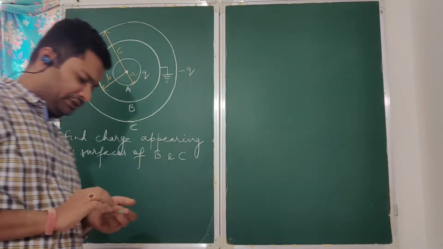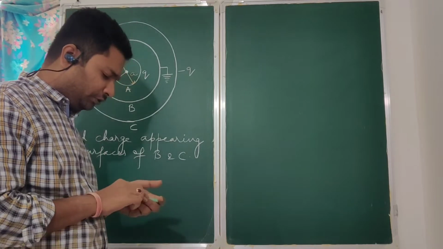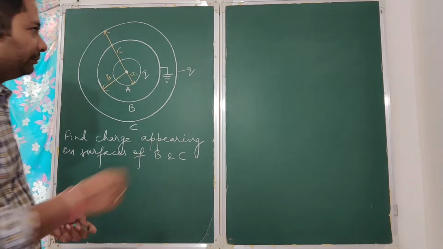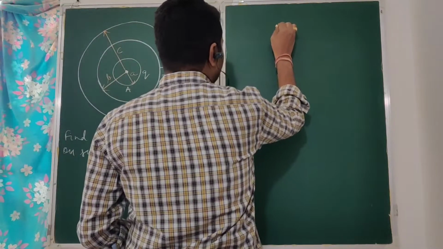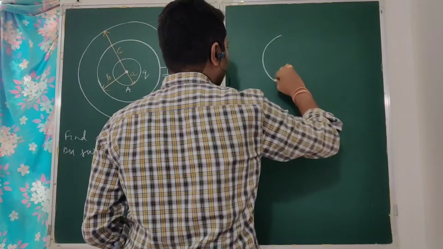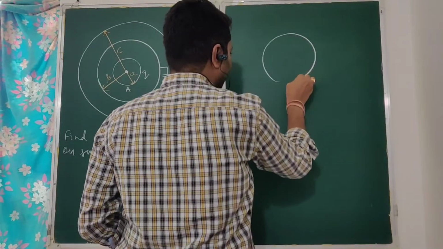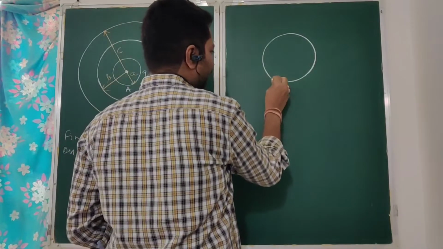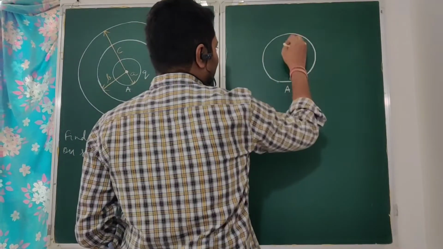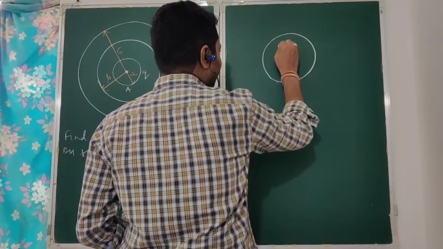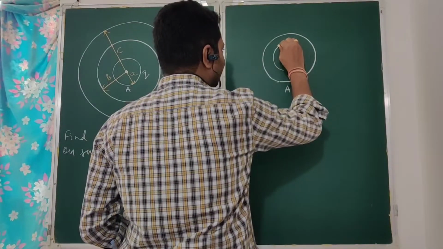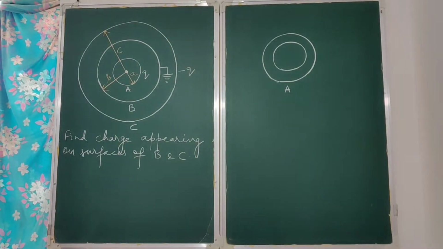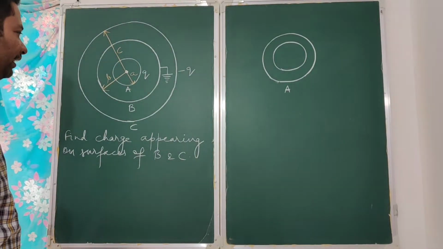The first confusion that is going to come into our mind is this. Let us first talk about sphere A. So this is our sphere A. I am drawing a slightly bigger diagram for sphere A. A is the innermost sphere. Let us say this is the outer surface and this is the inner surface of A. It is a thin spherical shell.